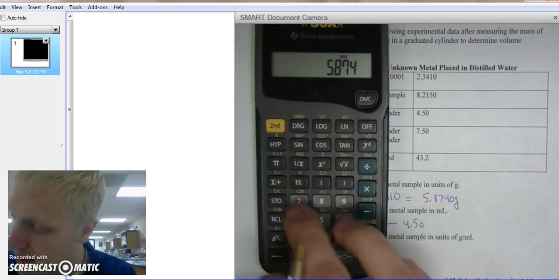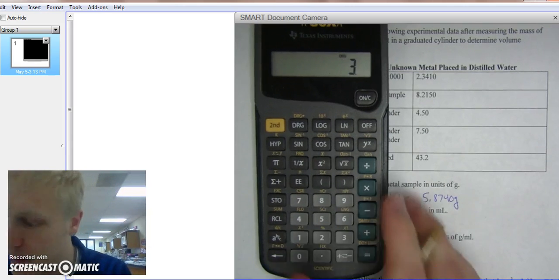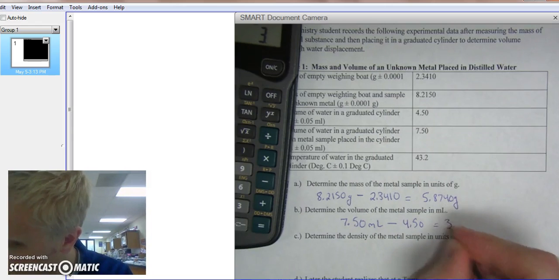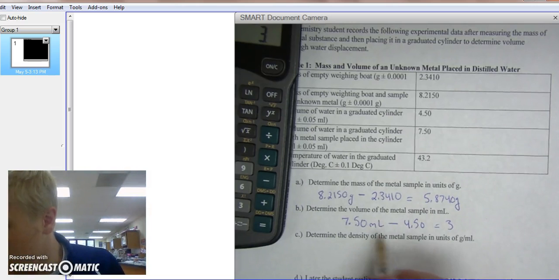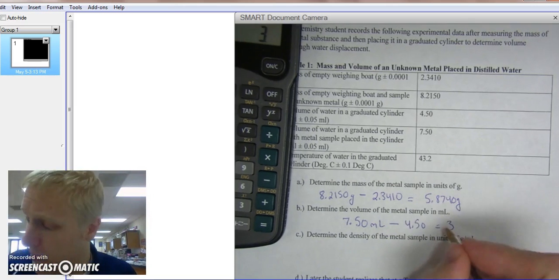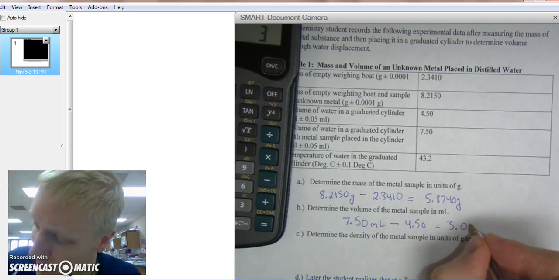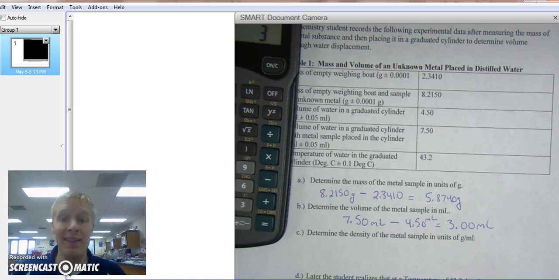Alright, 7.5 minus 4.5 gives me 3. But it doesn't just give me 3. We've got to round to correct sig fig. We've got 2 decimals, 2 decimals. We're doing addition and subtraction, so we're going to round to the least amount of decimals. So that's not just 3, it's 3.00 milliliters.